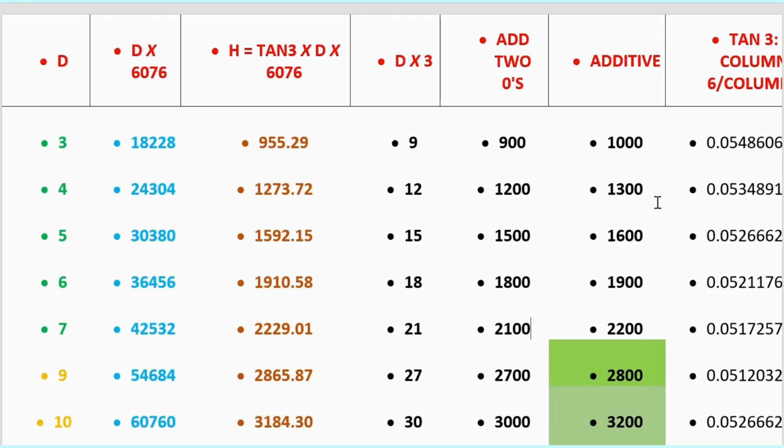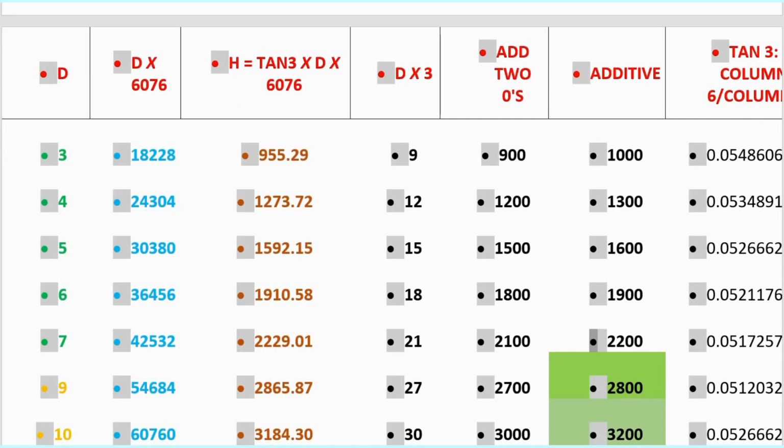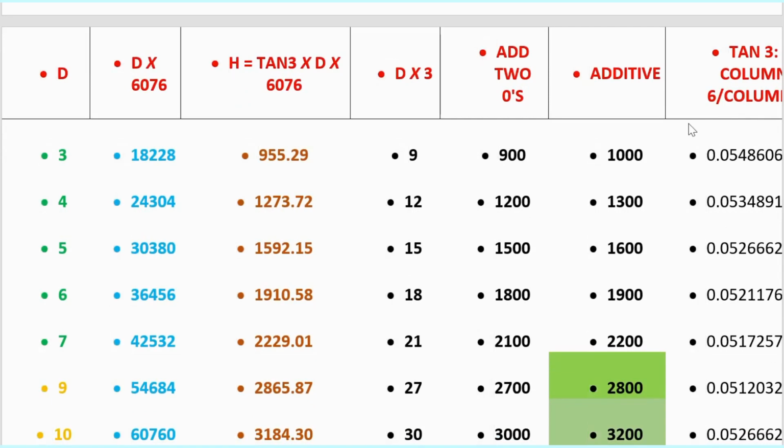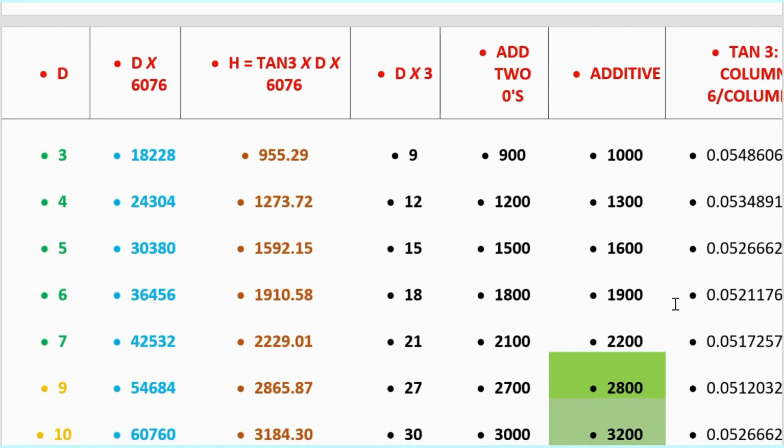Now the last column here is giving you a very important analysis. If you divide the values in this column by the values in those columns, you are going to get tan 3 all the way. It's very important that you understand this analysis.